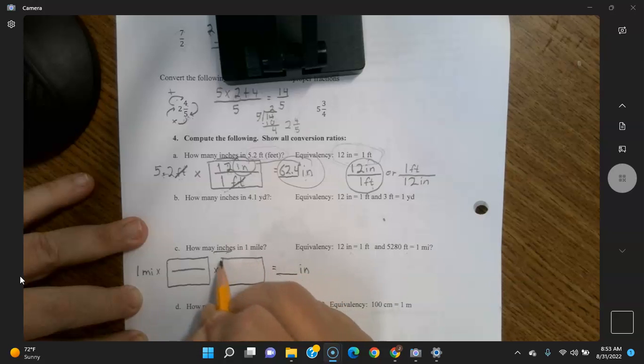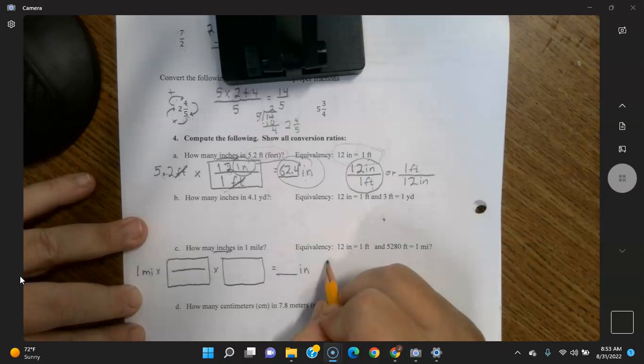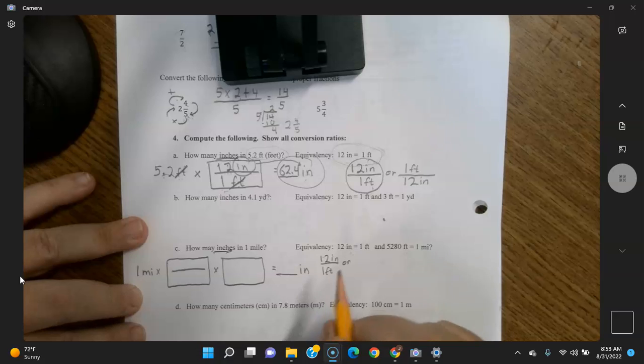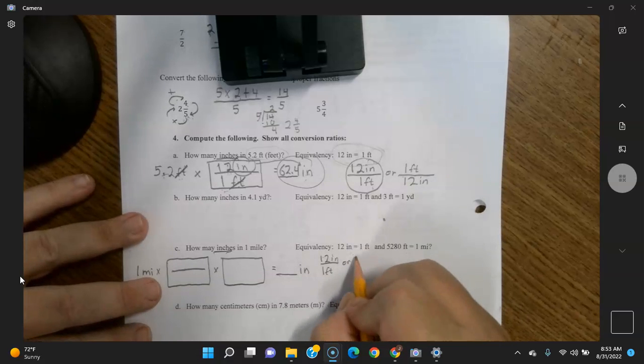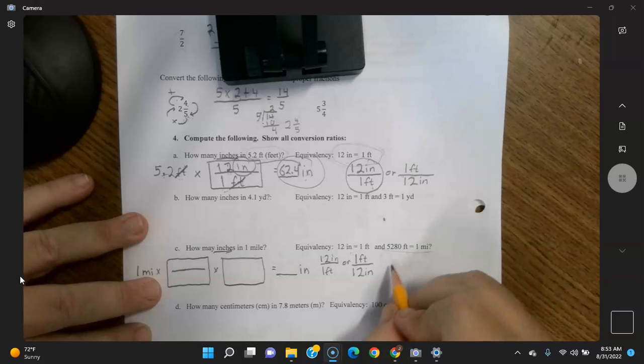Okay, now you need to make your conversion factors out of these two equivalencies. There's going to be 4 of them. There's 12 inches for every 1 foot, or you could put an equal sign there, but I put an or to emphasize you're only going to choose one of them. There's 1 foot for every 12 inches. So those are 2 of your conversion factors. Now for this one, you can also make 2.